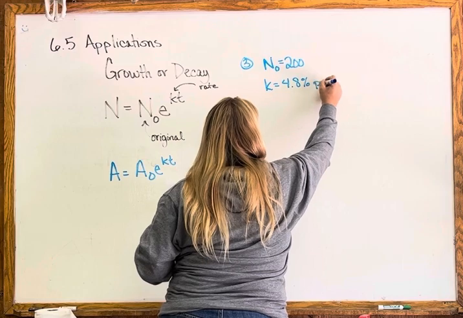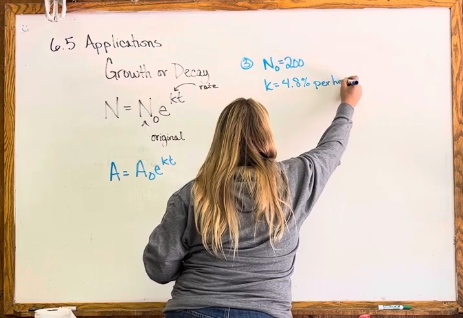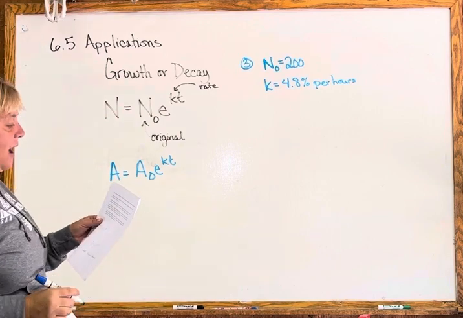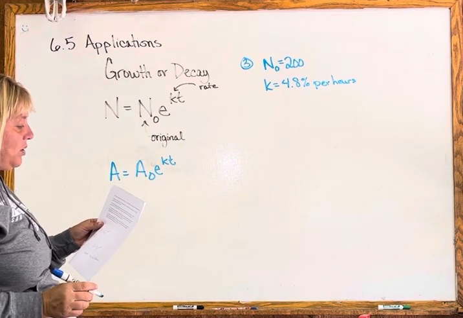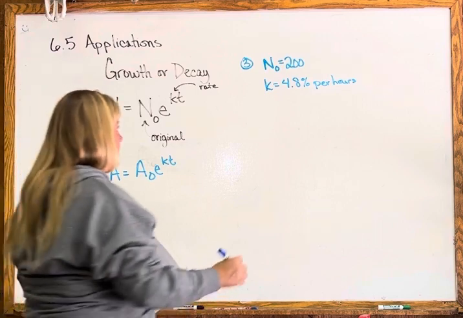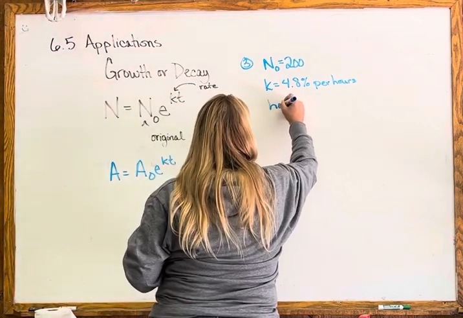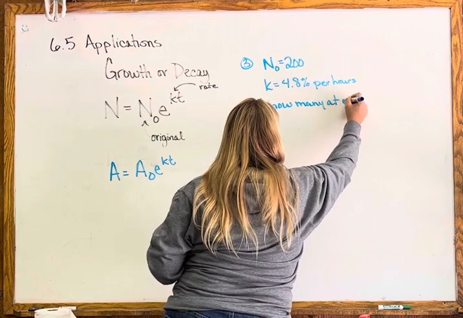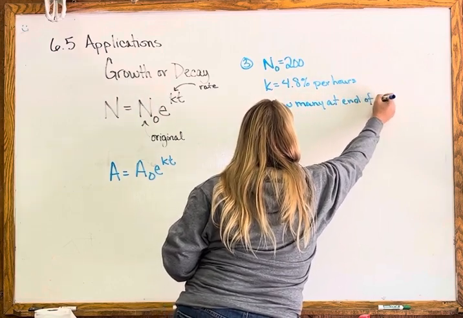But what's important here is to notice that this is in hours. It's not in years like we're talking about our money. Then it says how many bacteria will be present at the end of a day.